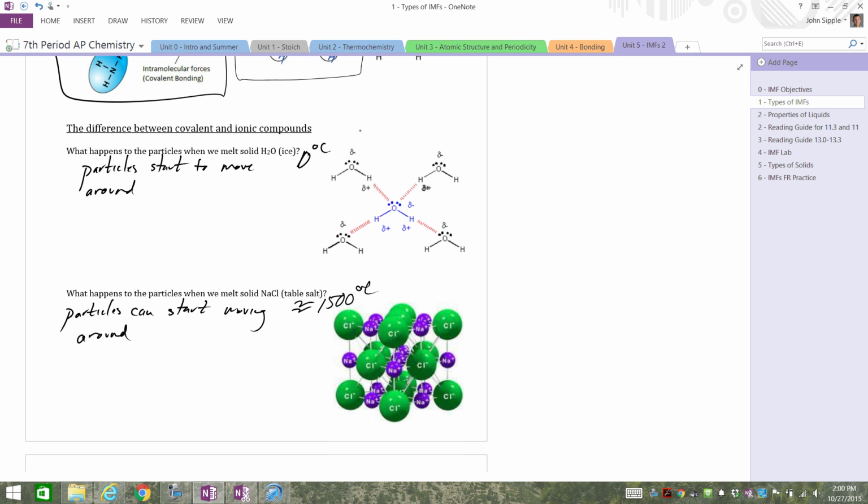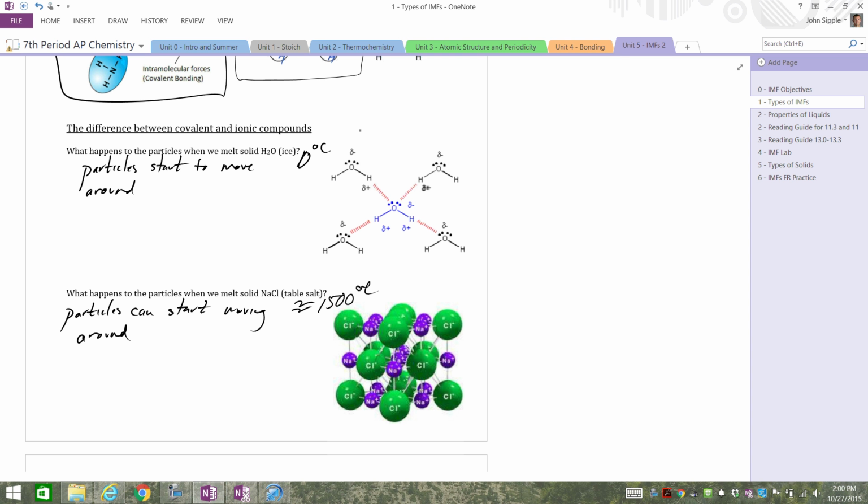Particles are now able to move around from a solid, now they're in a liquid. Solid to liquid, right? But very different forces to overcome here. When we melt ice, what force are we overcoming?